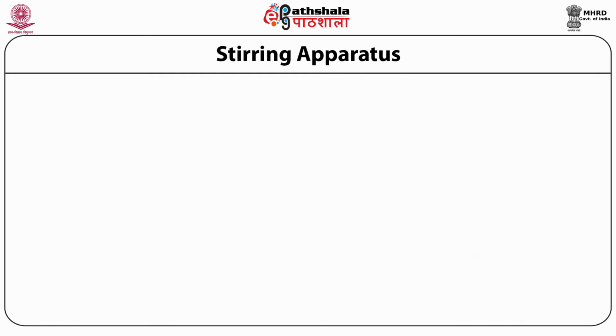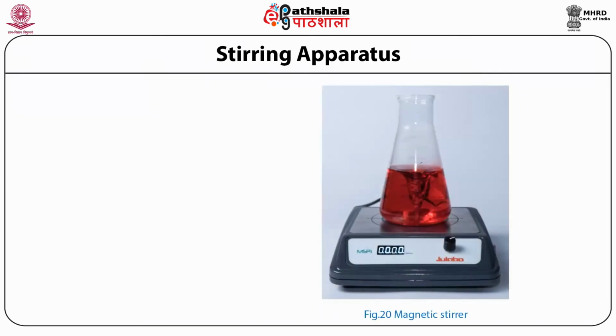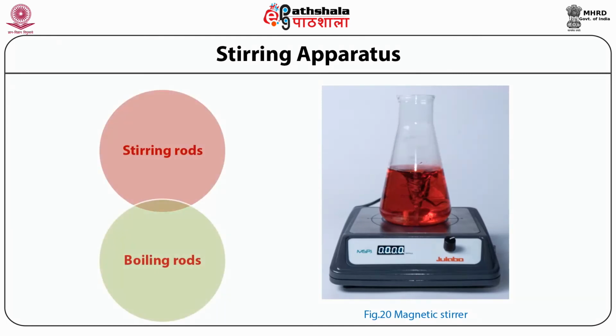Other apparatus which is required is stirring apparatus, which involves different types of apparatuses as shown in figure 20. Magnetic stirrer, it may be a mechanical stirrer, it may be stirring rods, then boiling rods which are generally used.